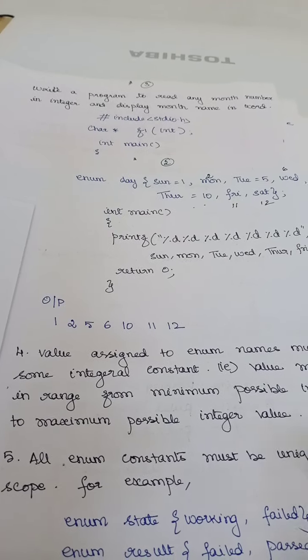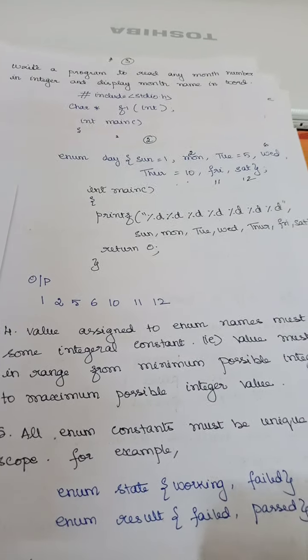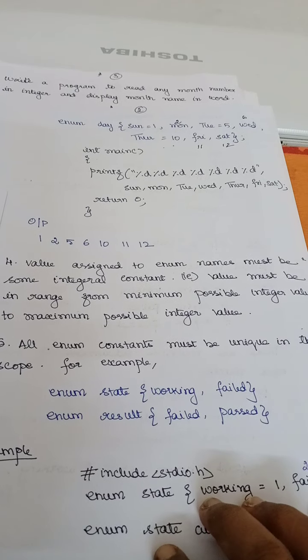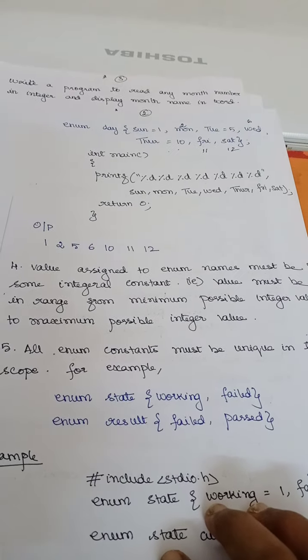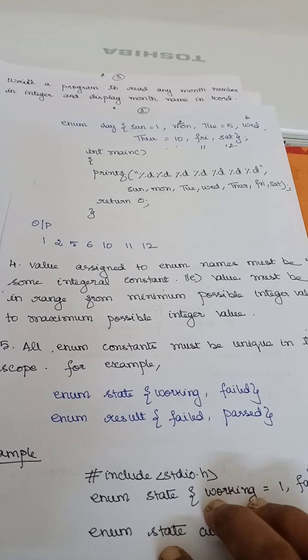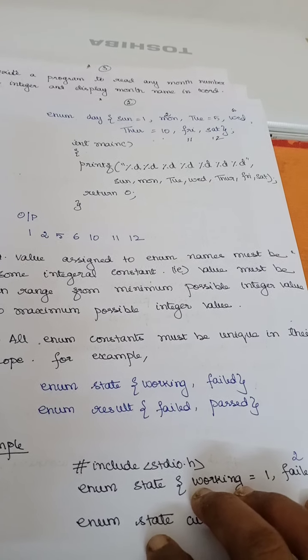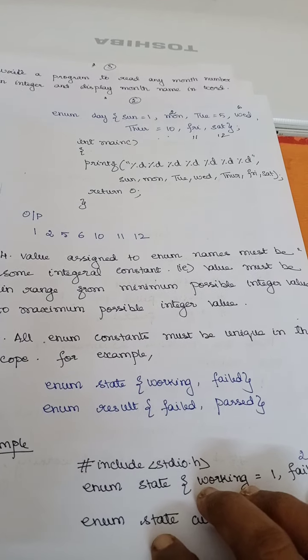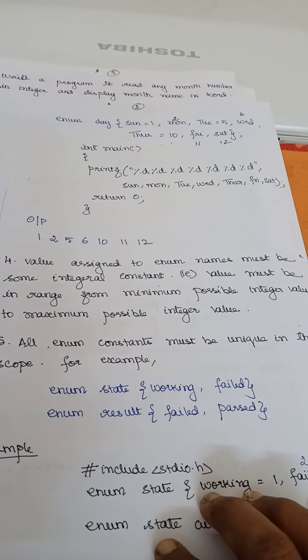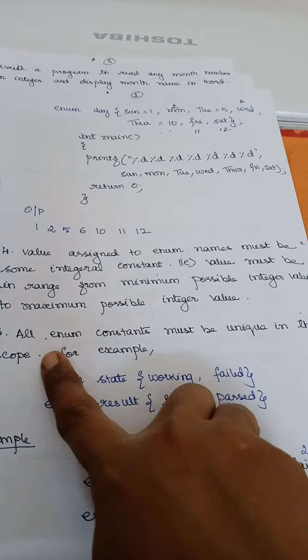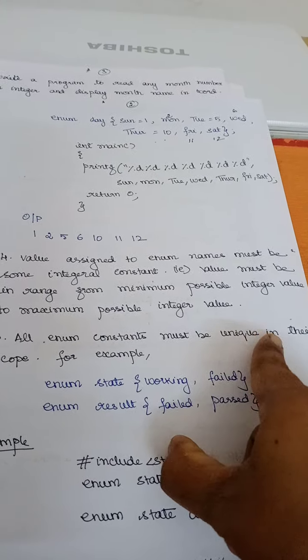Okay. The next point is values assigned to enum names must be some integral constant. It cannot be float, character, etc. And it must be in the range from the minimum possible integer value to the maximum possible integer value. It cannot go beyond the maximum limit. And all enum constants must be unique in the scope.